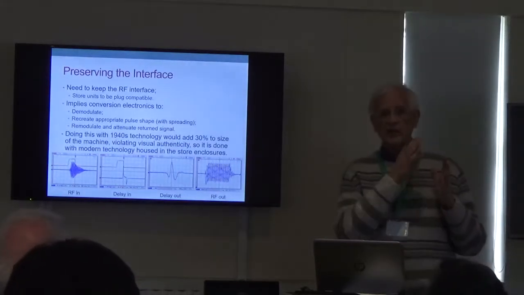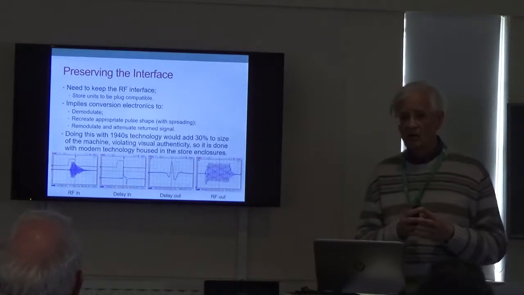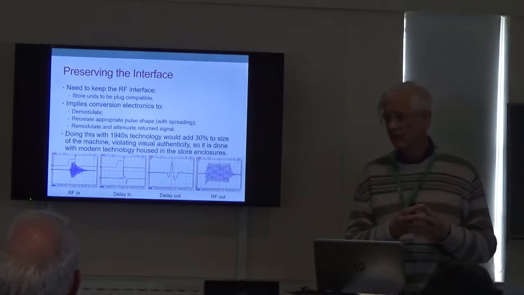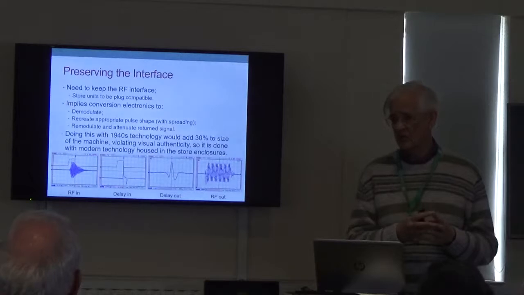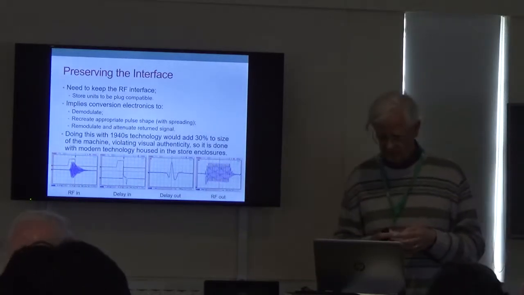Okay, but we want to keep the interface between the main replica of the machine and the store a defensible interface, an interface which is exactly as it was in the original. So we have plug compatibility.